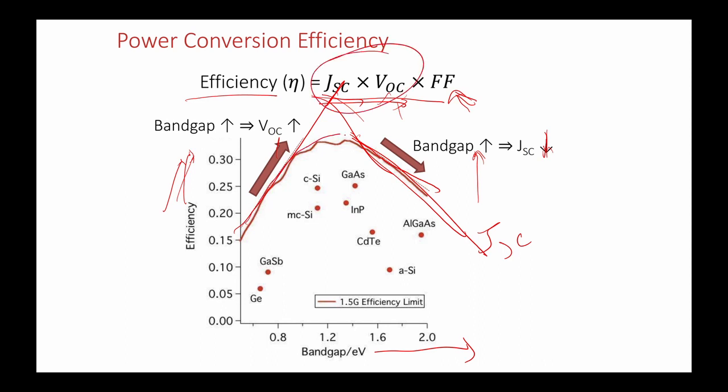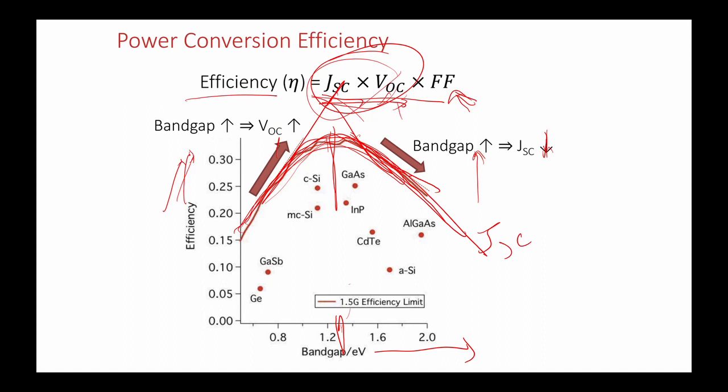The graph of the multiplication, JSC multiplied by VOC, will be a downward U, so there will be a maxima of JSC multiplied by VOC. This maxima corresponds to a particular wavelength. That is the maximum efficiency we can get out of a solar cell.